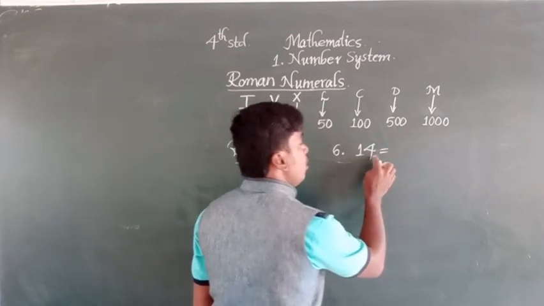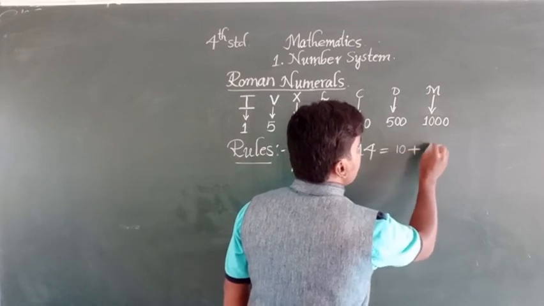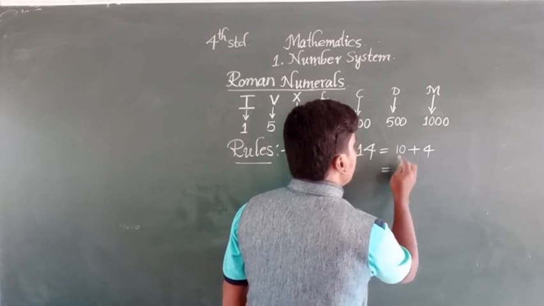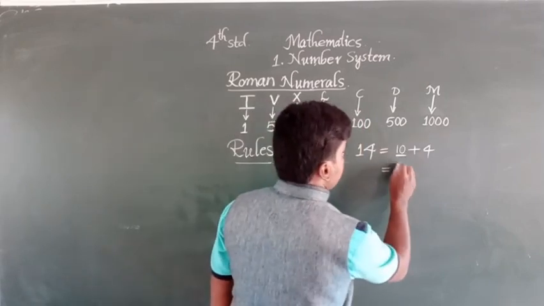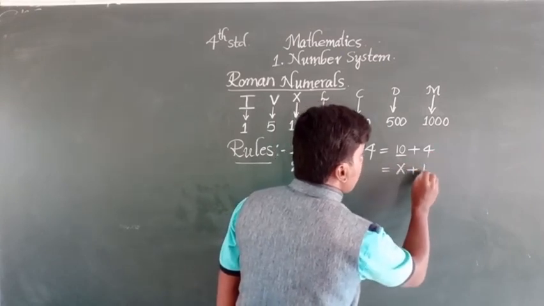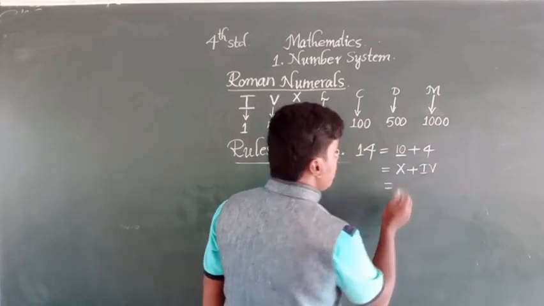For 14, we can write 10 plus 4. The symbol for 10 is X, plus the symbol for 4, which is IV.